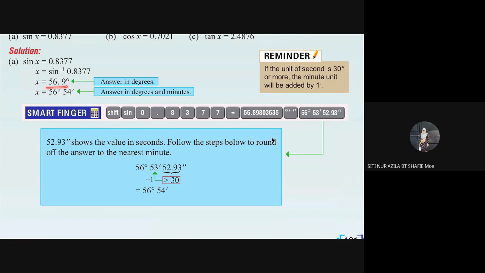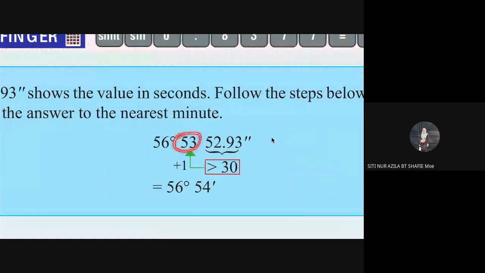Okay, you can leave your answer in degree. That's fine. Or you can convert this into degrees and minutes. By pressing this button, your calculator will convert your answer into degree, minutes, and second. Like I said before, if your seconds is larger than 30, then you need to round that off to the nearest minute, plus 1 here.